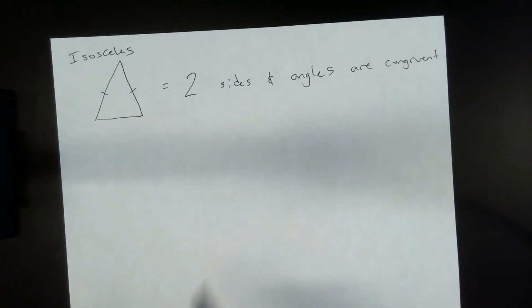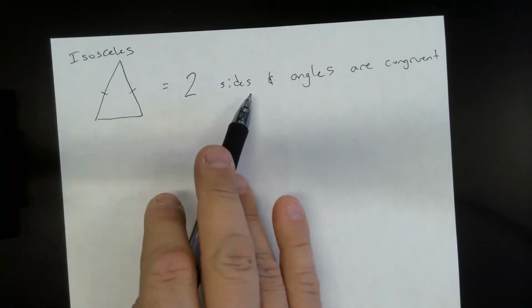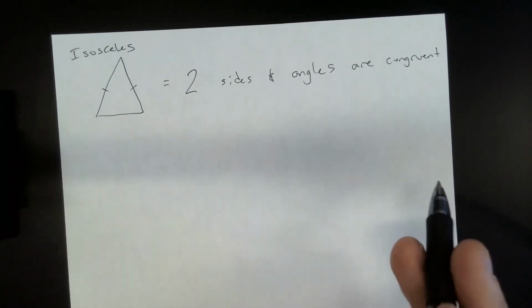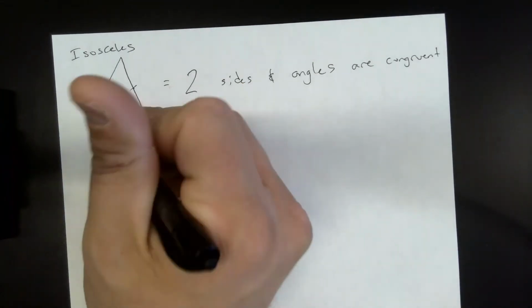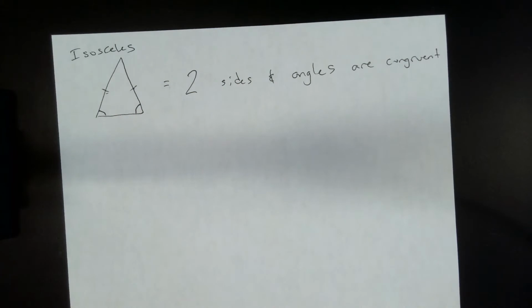First things first, let me get to this and then we'll ask you the interesting question. Two sides and angles are congruent. What it means is if these two sides are congruent, then the angles opposite those sides are also congruent. So no matter what, if the two sides are congruent, then the angles opposite those sides are also congruent.